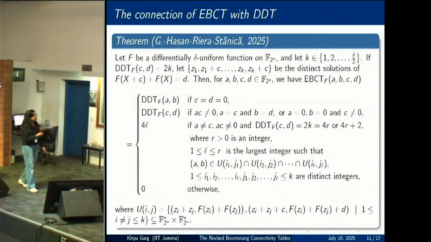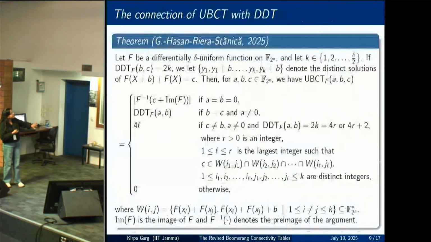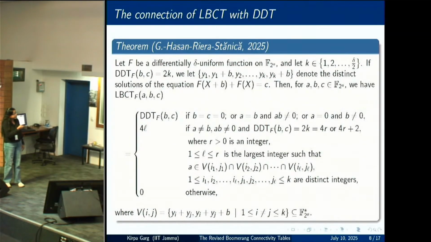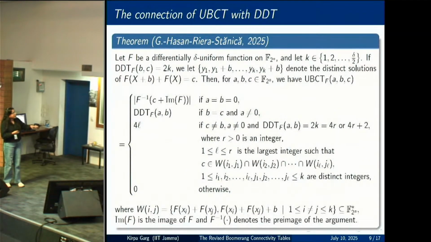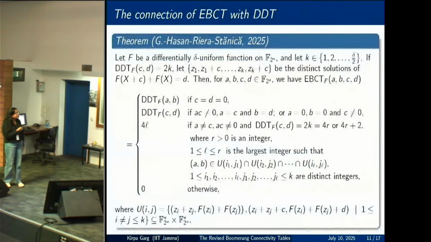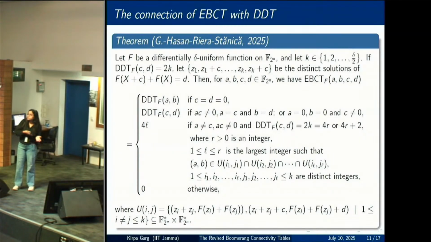There seems to be some relationship between this EBCT and LBCT, because this set here is somewhat containing the images of f, and in UBCT we are taking the initial element yi plus yj. So we also noted that these tables might be interconnected, and maybe we can get LBCT and UBCT in terms of EBCT or vice versa.